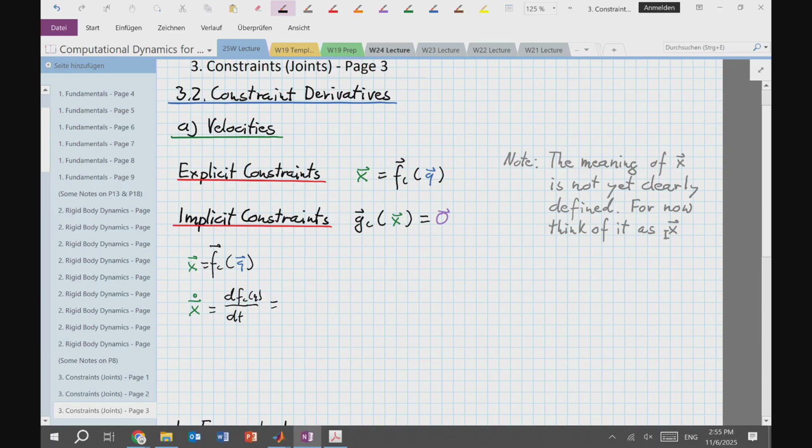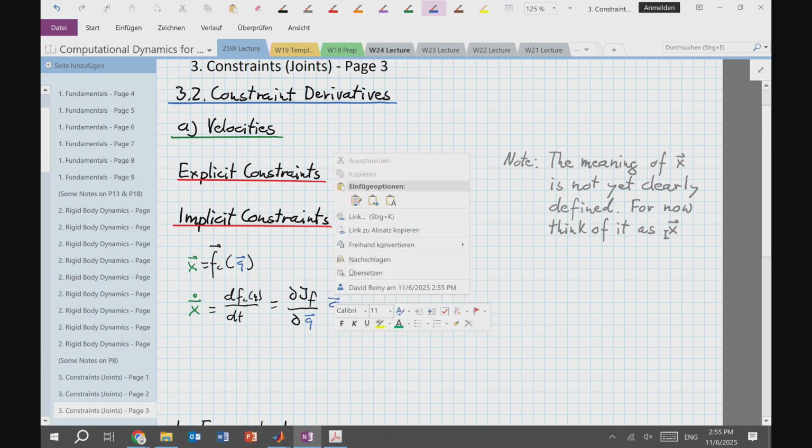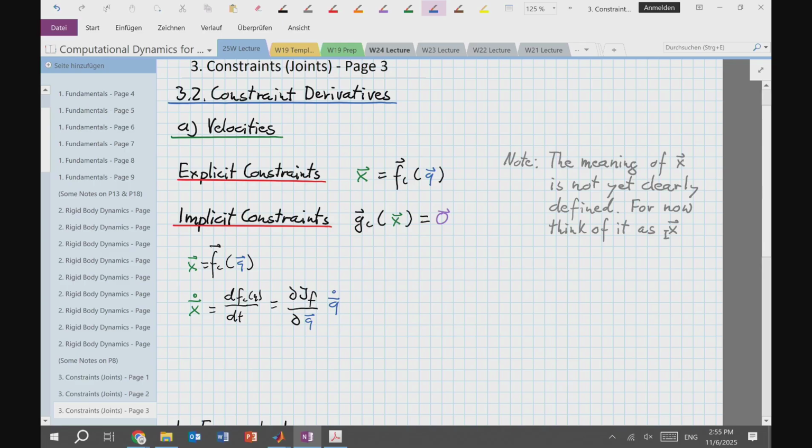But here we have nested functions, and I can apply the chain rule, and I say that is equal to partial f partial q times dq dt, and dq dt we will write as the generalized velocity q dot. That is the time derivative of q. And before that, I have this partial derivative partial f partial q, and this would be my constraint Jacobian J_f.